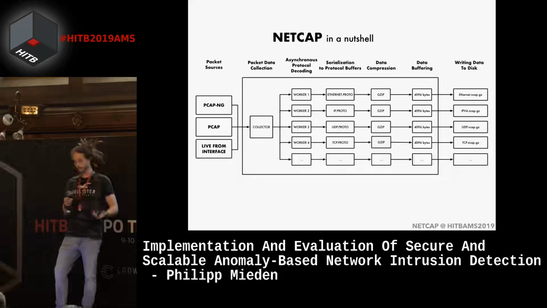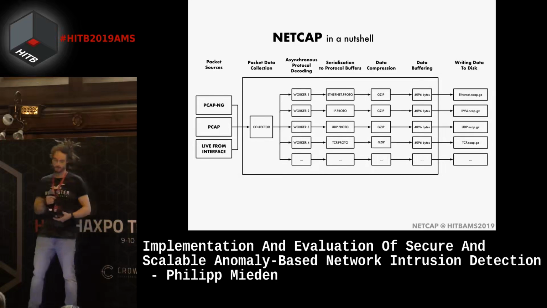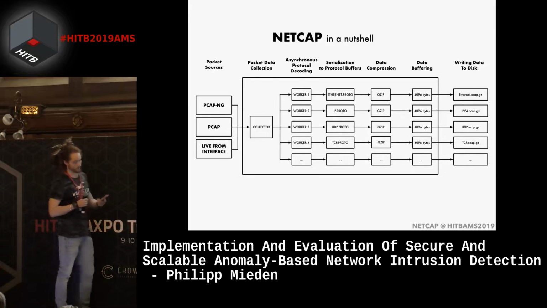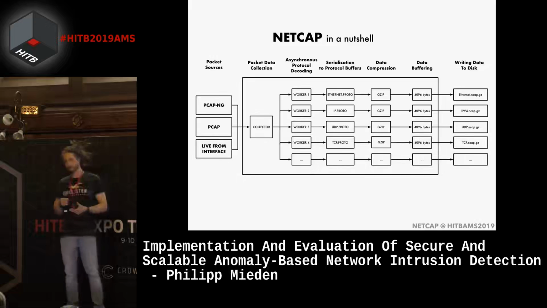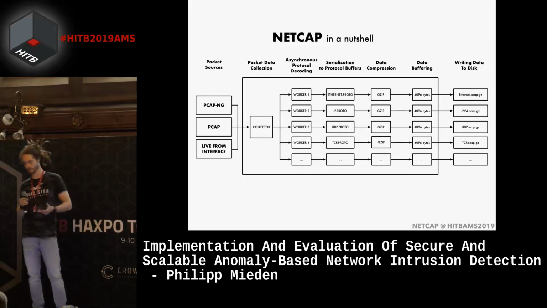So just a brief overview of what NetCap does. Basically, we're fetching packets from an input source. It could be live from a network interface, or from a dump file. Then these packets are equally distributed to a pool of workers with a round-robin strategy, so nothing special here.